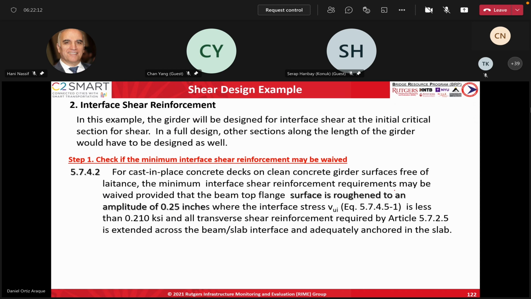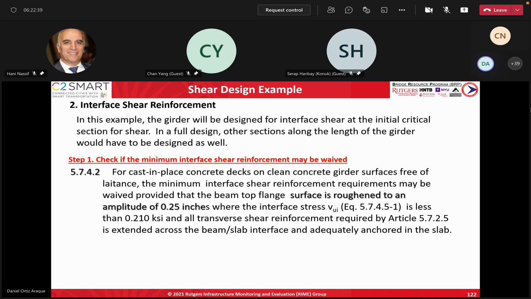So for the second part, we're going to calculate the interface shear reinforcement. Again, this needs to be calculated along the beam. In this example, we're just going to calculate the interface shear at the critical section. We're also going to assume that the surface between the girder and the slab has been roughened to an amplitude of 0.5.